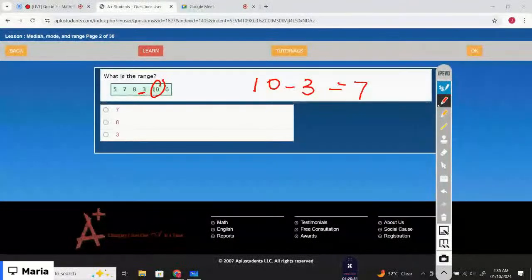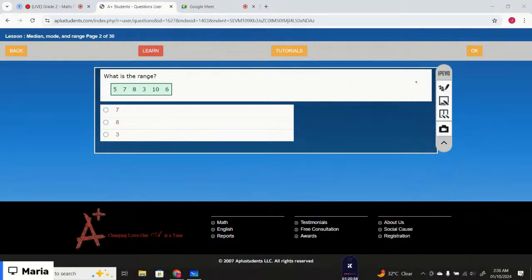So the range of the data is 7. Got it? Option number 1 is the correct option.